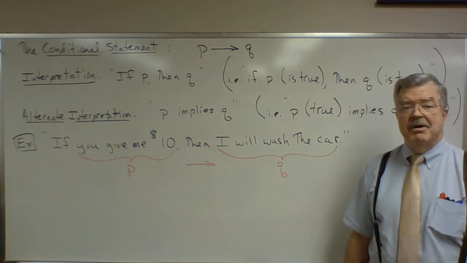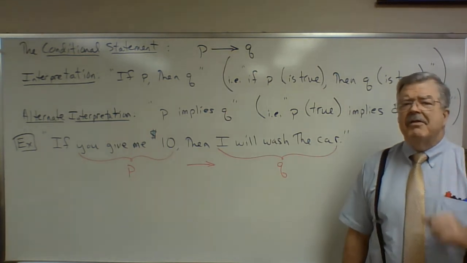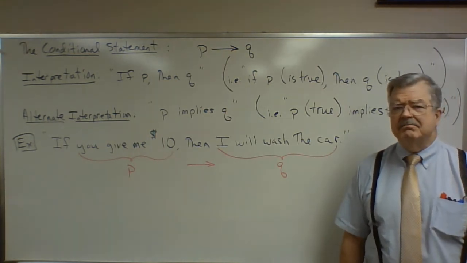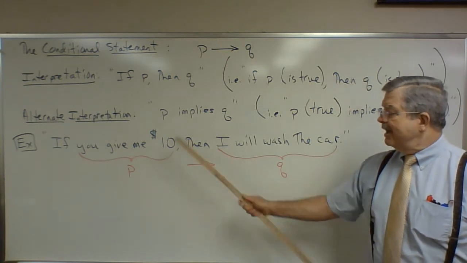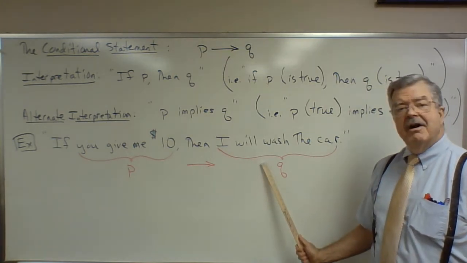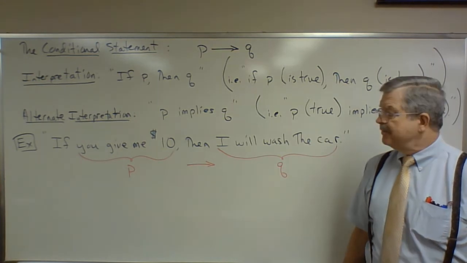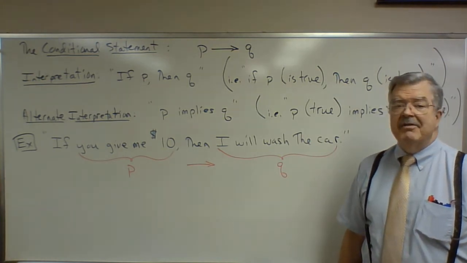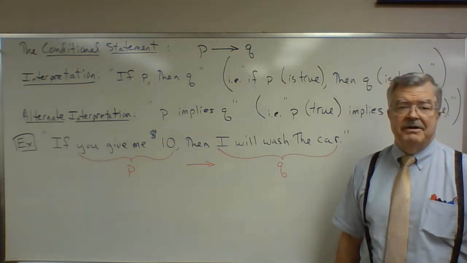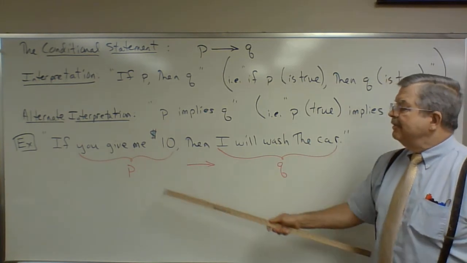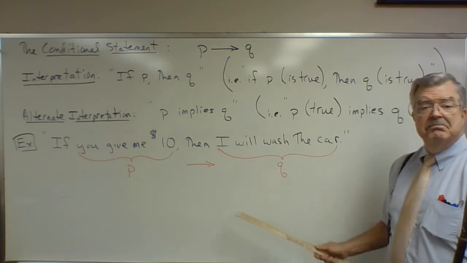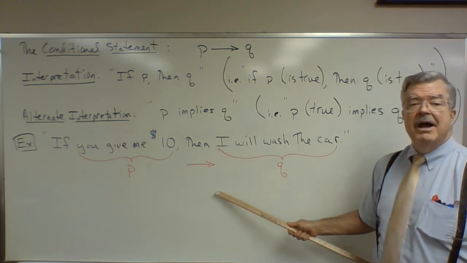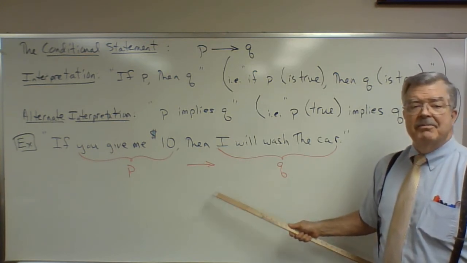I did what I was supposed to do. In my father's mind, have I lied to him? No. I said that if he gave me $10, then I'd wash the car, and that's exactly what happened. So in my father's mind, I told the truth, which I did. So when P is true and Q is true, this compound statement is true.